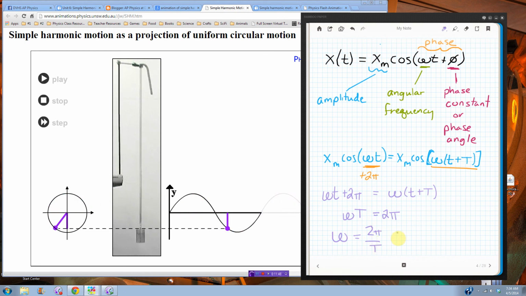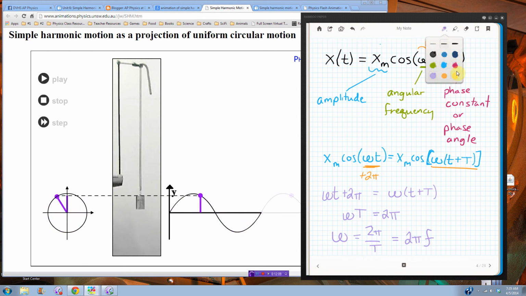Or, since period and frequency are reciprocals of each other, angular frequency is 2 pi times normal frequency. Which kind of makes sense. Angular stuff often has 2 pi in it, so if I'm calling it angular frequency, it's probably just frequency with some 2 pi in it.